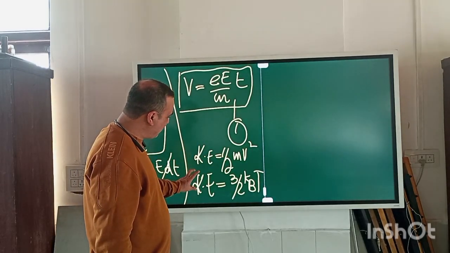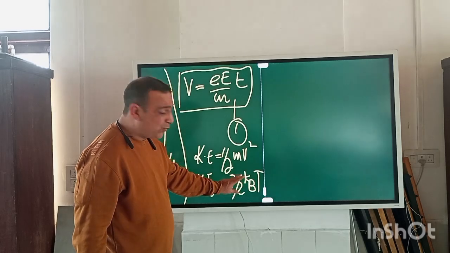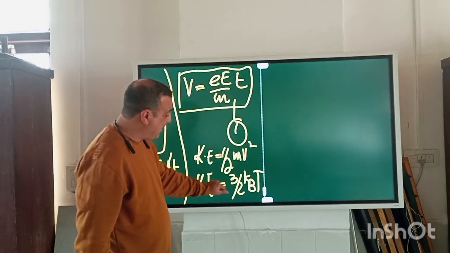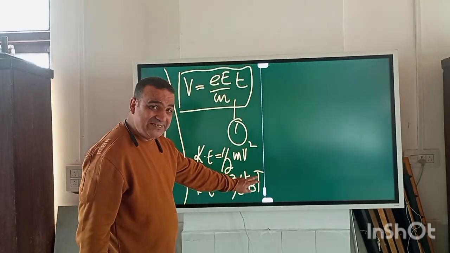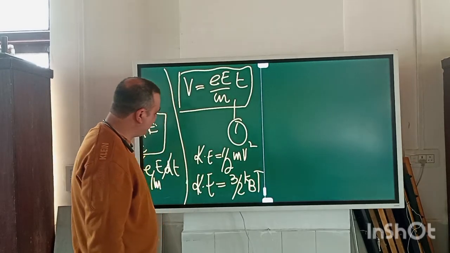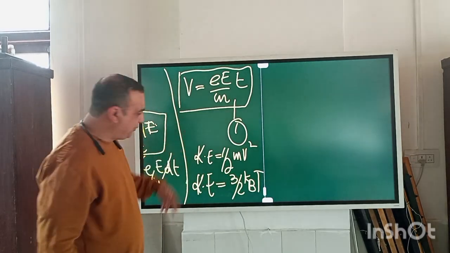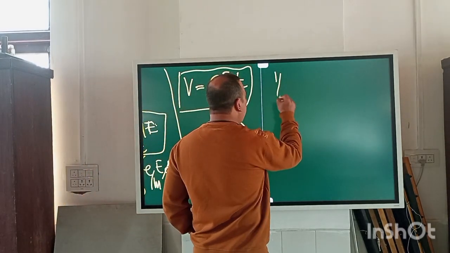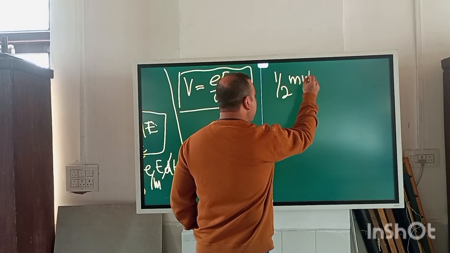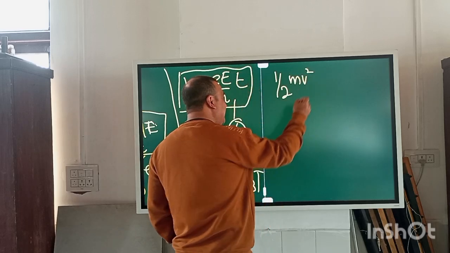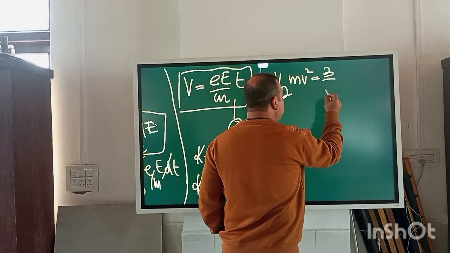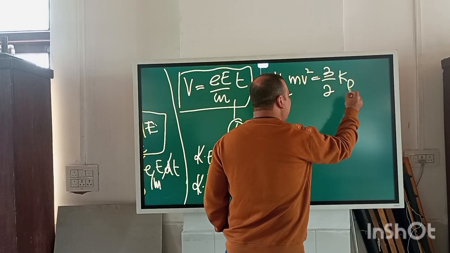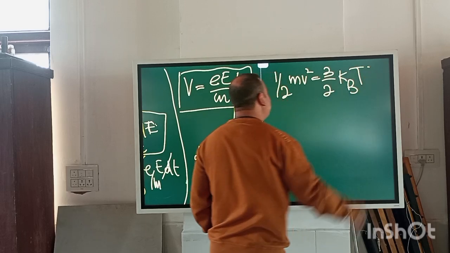For the second equation, kB is what's called the Boltzmann constant, and this capital T is the absolute temperature. And we can compare the two equations, and we can say that 1/2 mv squared that defines the kinetic energy is equal to 3 by 2 kBT that defines the kinetic energy.